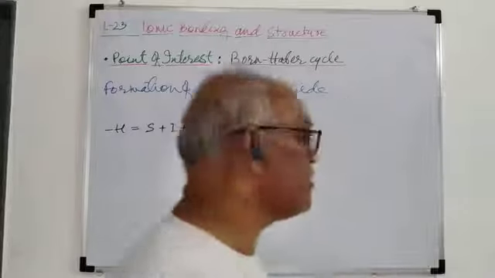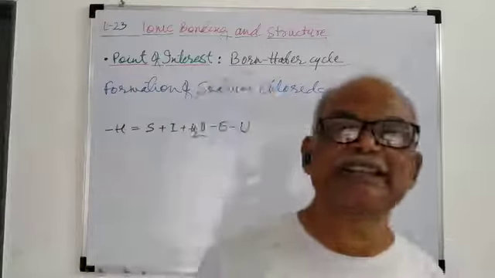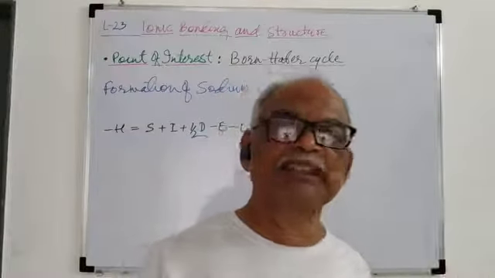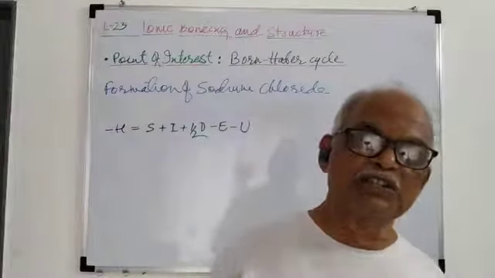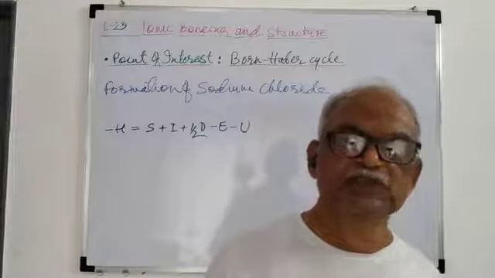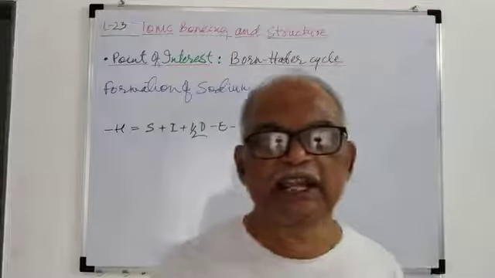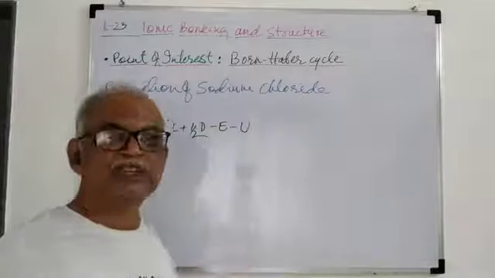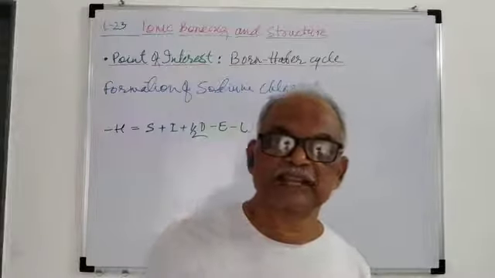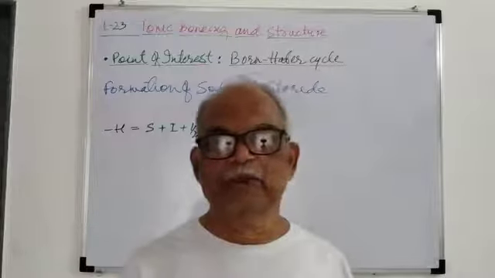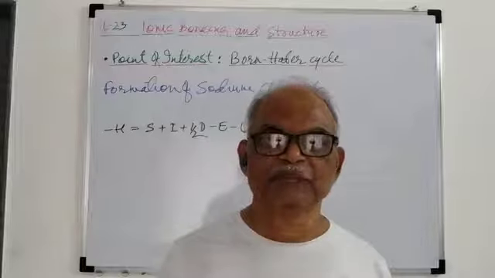In this equation we know some quantities which are available in the literature. Using these quantities we can find out the unknown quantities for any ionic solid, or we can hypothetically consider any ionic solid and calculate these values using the available values from the literature, and interpret whether that type of ionic solid does exist in nature or it is just hypothetical or imaginary.